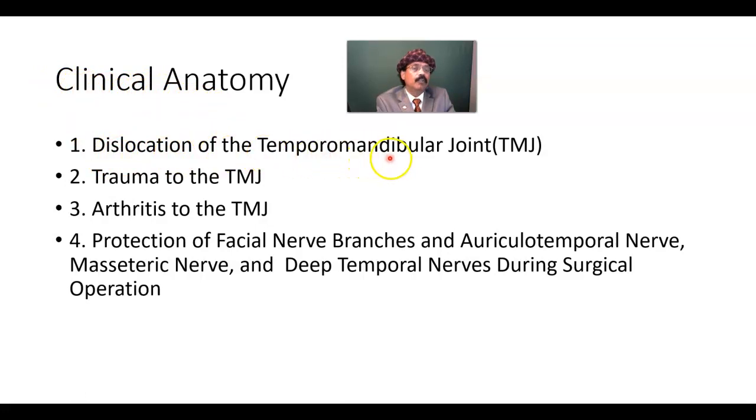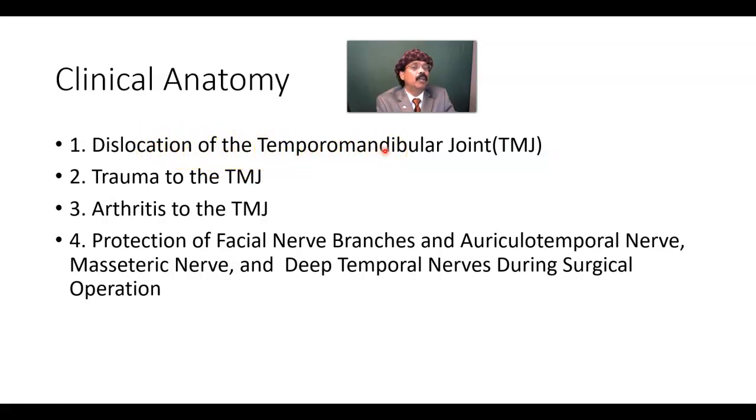The temporomandibular joint may be dislocated. Dislocation may have two reasons. One, some people bite on a hard bone or take a big bite, or their ligament may be very weak due to old age or decreased ligament capacity. In that condition, there may be dislocation of the temporomandibular joint.